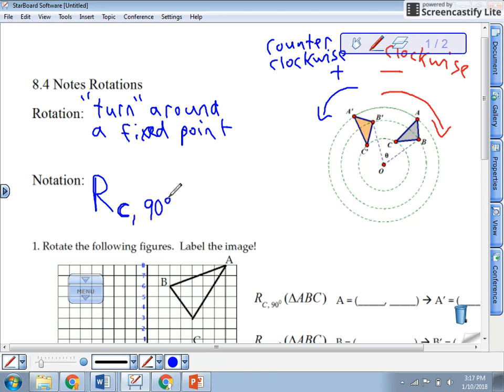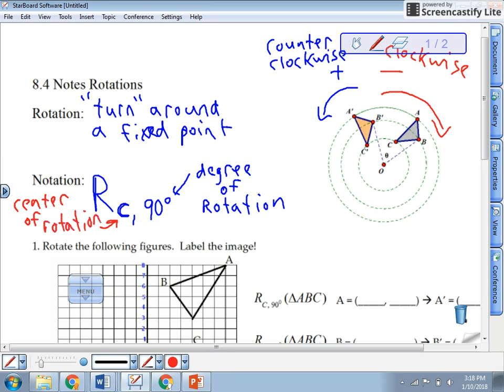When you look at this, this is going to be your degree of rotation. And this point right here is your center of rotation or your fixed point. I'm going to call that the center of rotation. It's what we're rotating around.